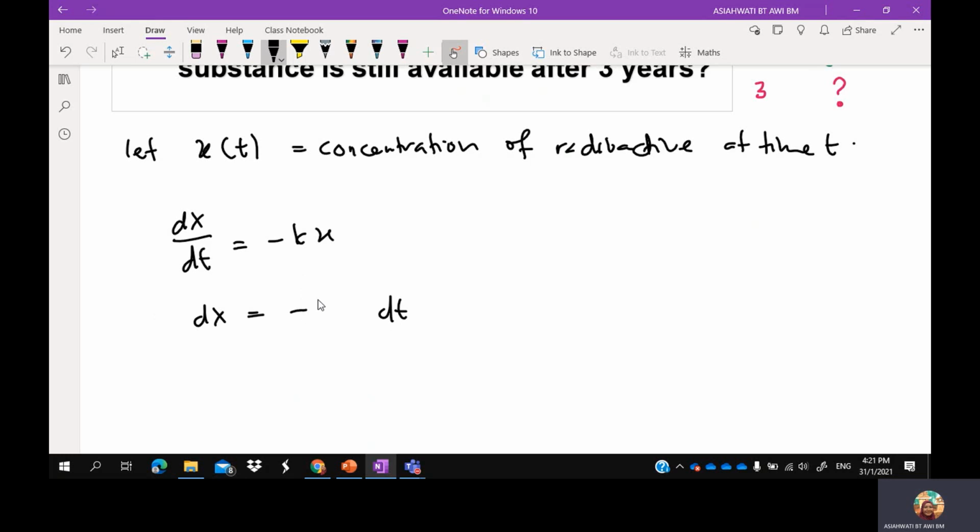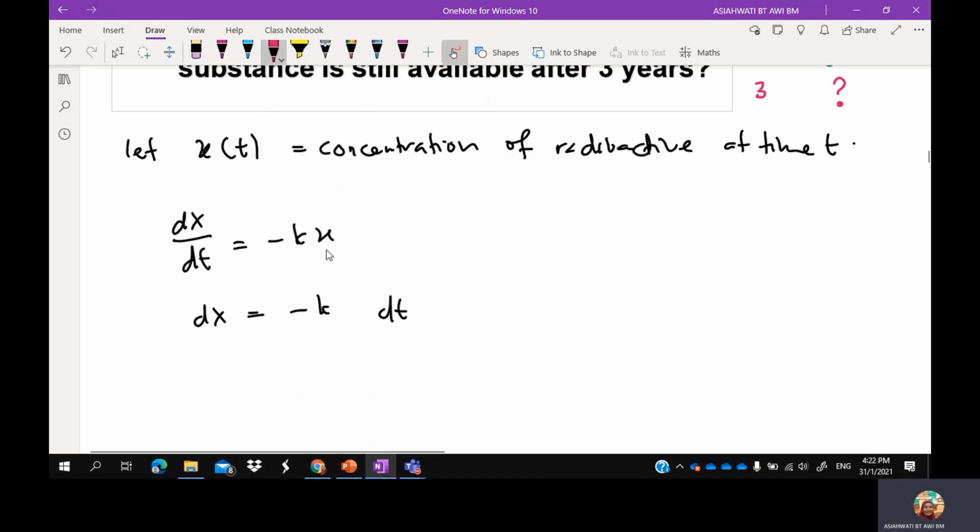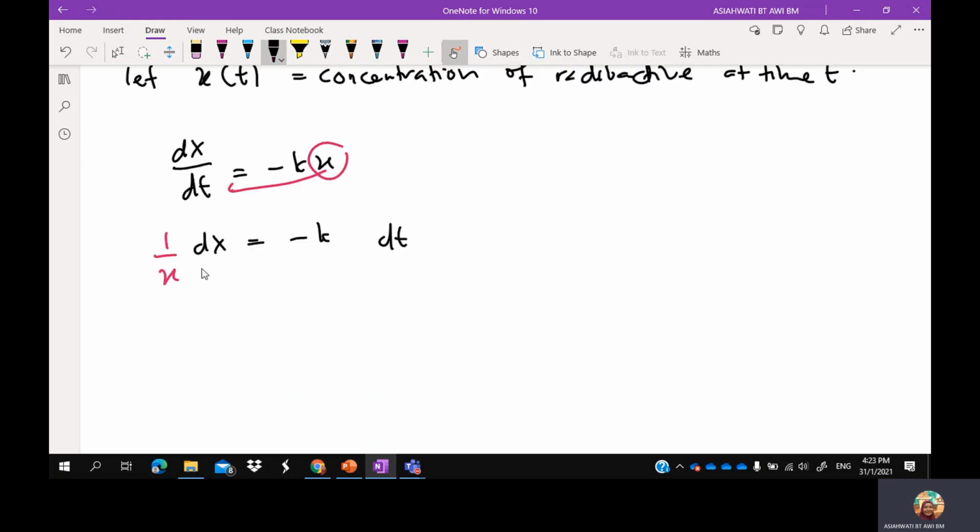Here is negative k, and bring x to the left so that you get 1 over x. Then to get rid of dx/dt, integrate both sides. Integrate 1 over x, and negative k.